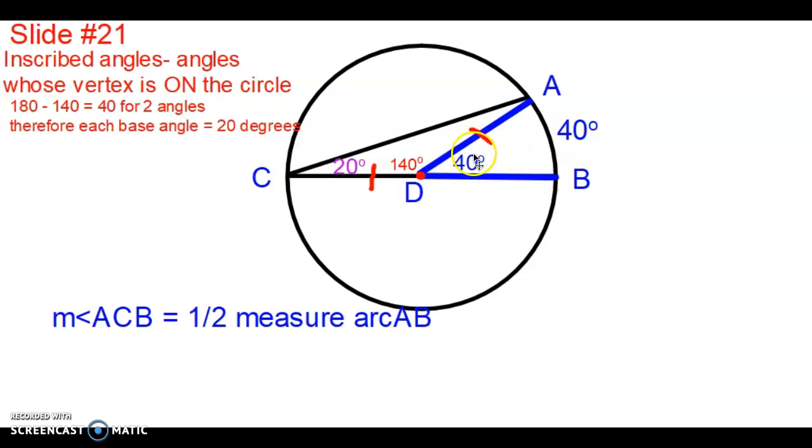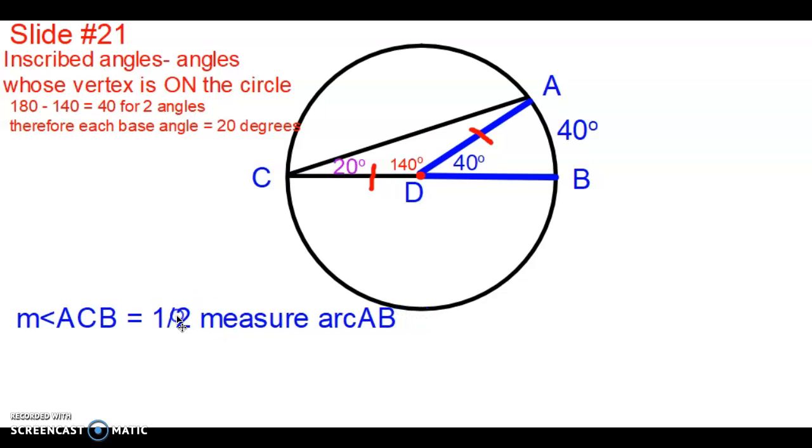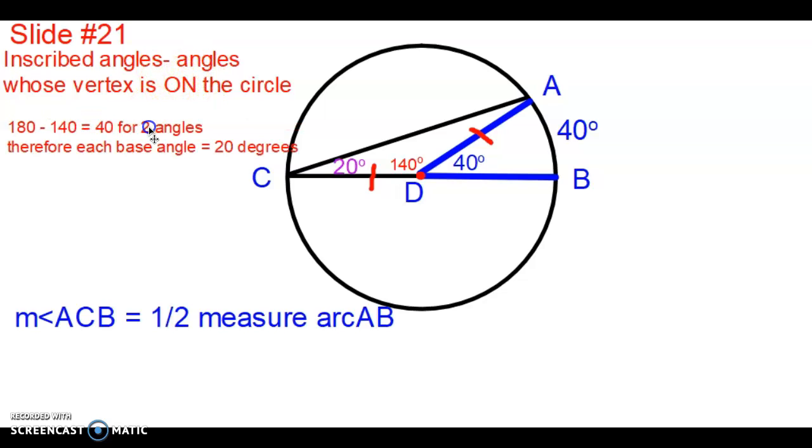Or you could say it's half of the central angle. So just remember that. That's an important topic in this lesson. Notice that this vertex is on the circle. On the circle. So it is half the arc.